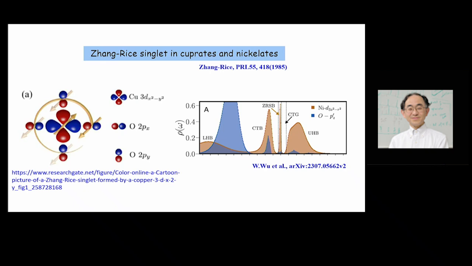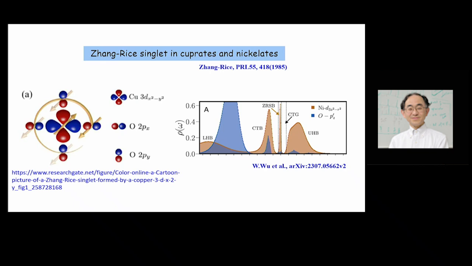So we call it the Zhang-Rice singlet, and this Zhang-Rice singlet bound state appears between this charge transfer band and upper Hubbard. So these people believe it is relevant to the high-Tc cuprates, superconductivity.